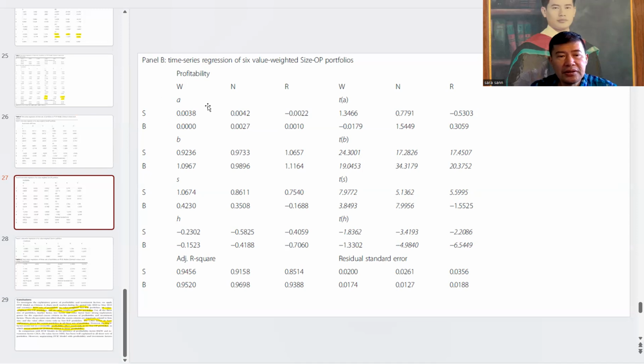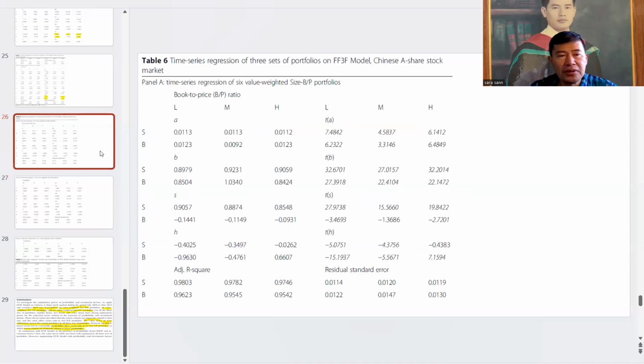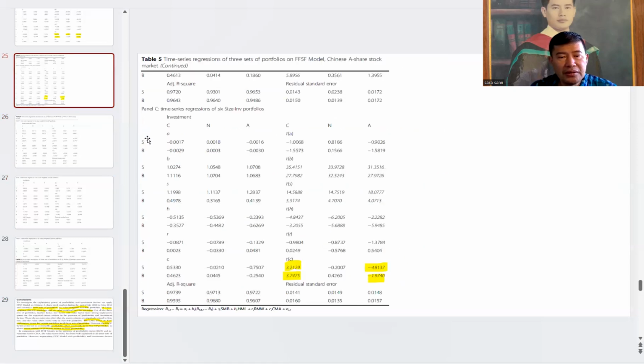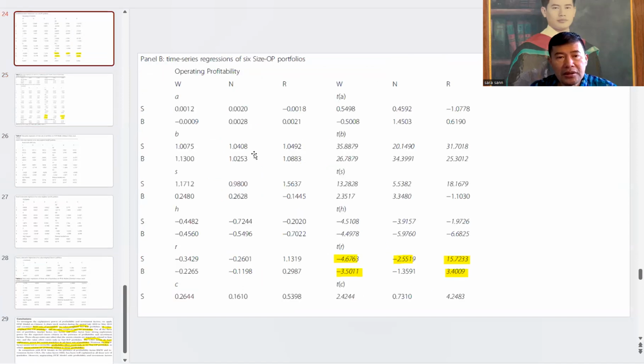Here, this is a 3-factor model. No, by itself. I think over here, or 1. This is 1. Let's see another one. Operating, yes, over here. Okay, panel B. They said only 3 factor.